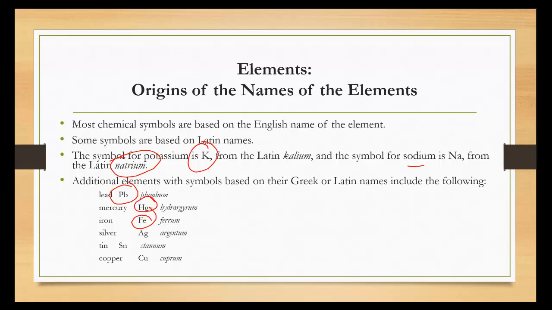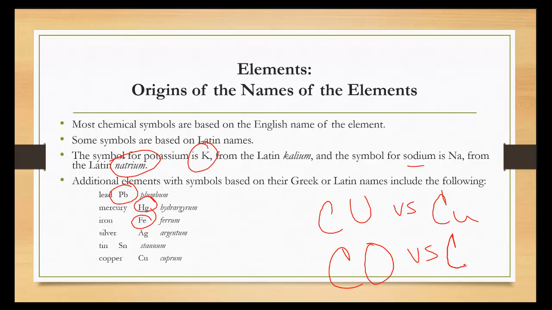So if we say that we have Co versus CO, we know that Co is cobalt because of the lowercase o, whereas CO is carbon monoxide because there's two uppercases. So I have two elements here. A capital letter signifies the start of the next element. Keep that in mind because that's going to come in handy as you go through the chemistry.